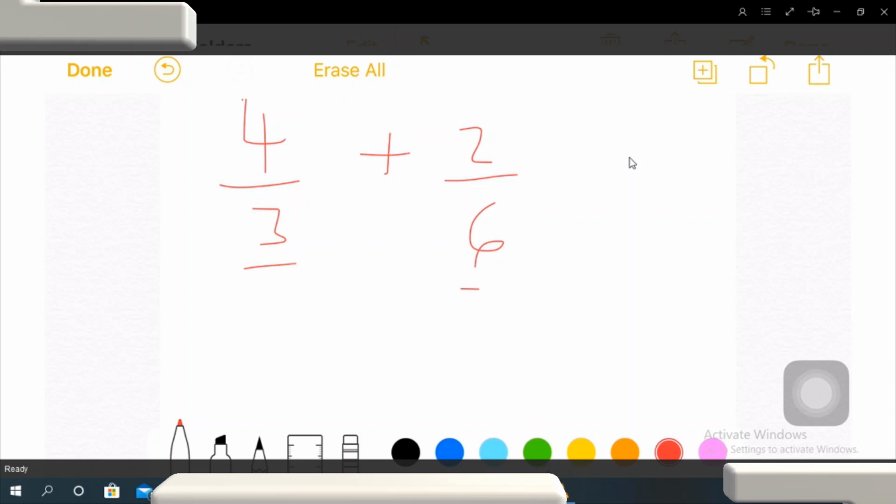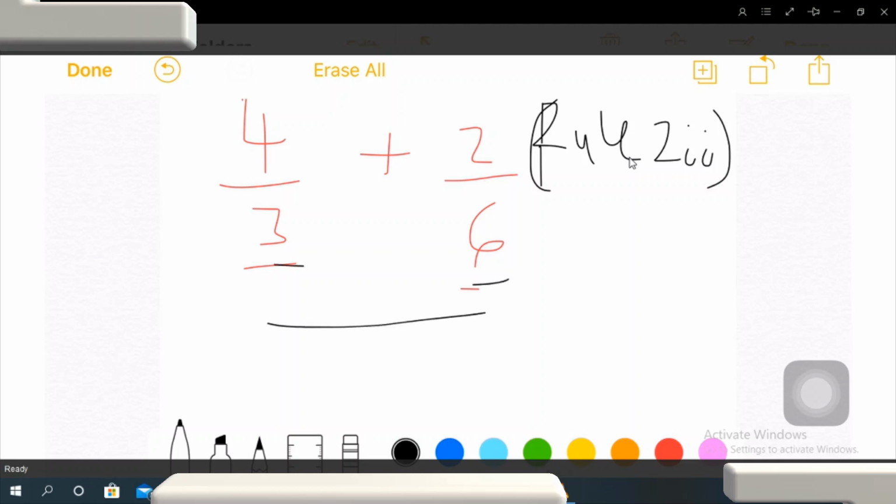So the second aspect of rule 2, when the denominators are different, is to take the LCM. So why do we call it LCM? The LCM here is 6, least common multiple.